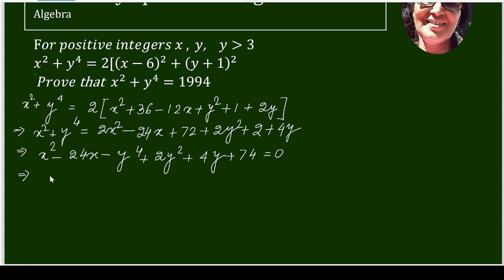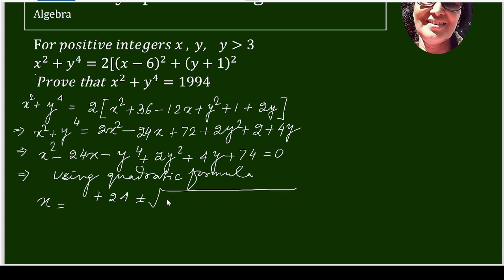So from here, using the quadratic formula, x will be negative b, so it will be plus 24, plus or minus the square root of b squared, 24 squared, minus 4 times a, where a is 1 and c is the whole thing, minus y to the power 4 plus 2y squared plus 4y plus 74.